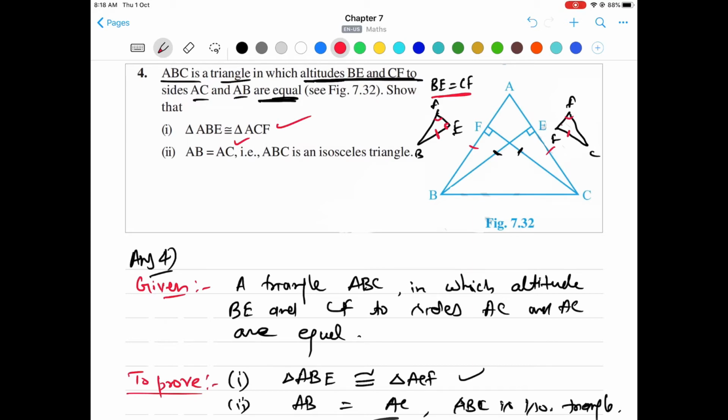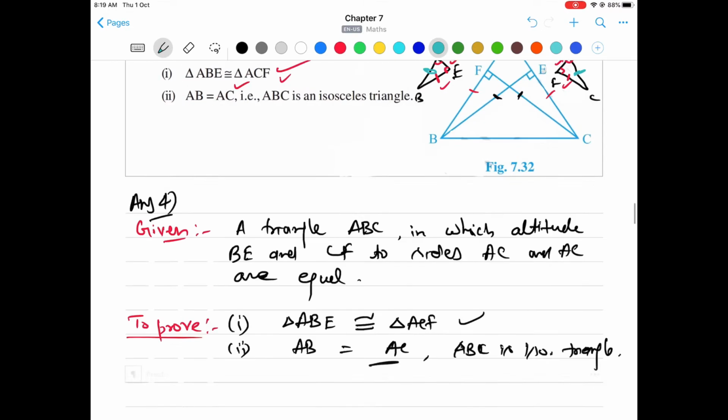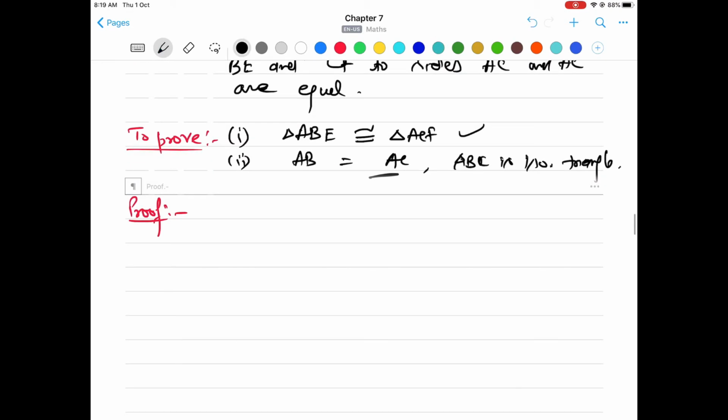And angle E and angle F are each 90 degrees. Therefore, again by angle side, these two triangles will be congruent. Once these two triangles are congruent, their corresponding sides will be equal. Hence ABC will be an isosceles triangle. So let's start its proof.